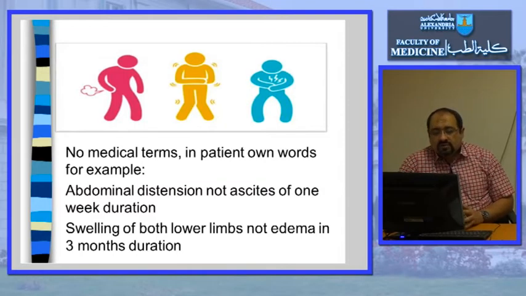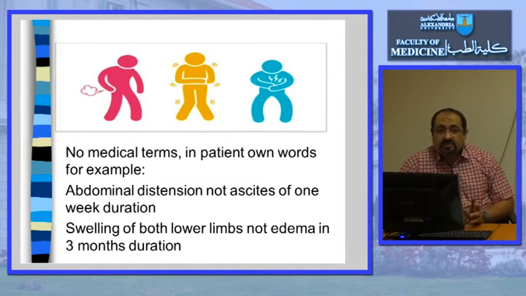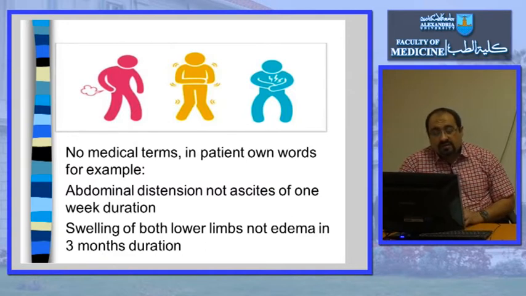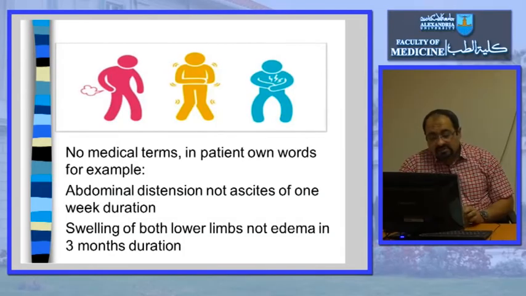You can confirm whether it is ascites or not later on by examination or by investigation, but in the history section or the complaint you should say it's abdominal distension. Also, swelling of both lower limbs should be said as it is, and not as edema, unless later on, after confirmation by examination, the patient has lower limb edema.